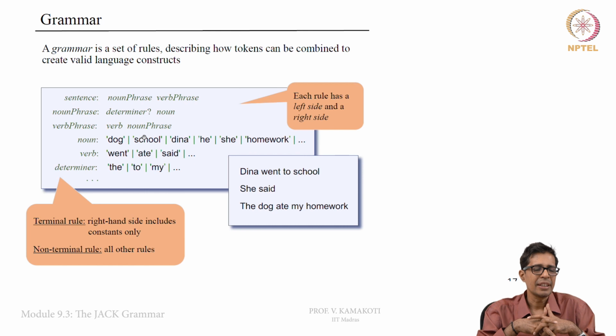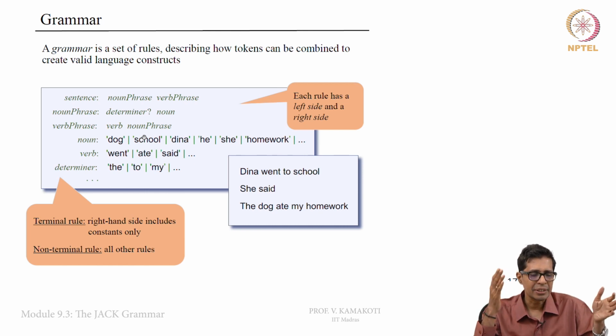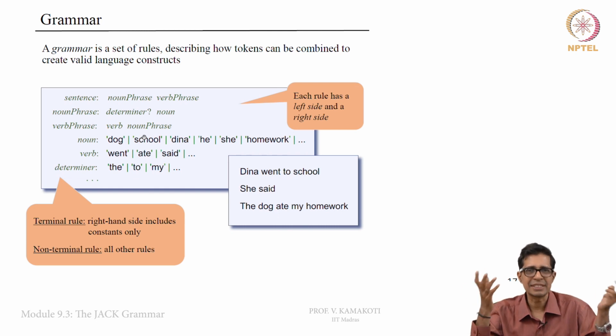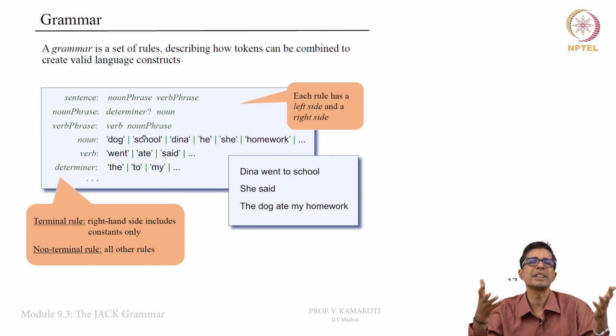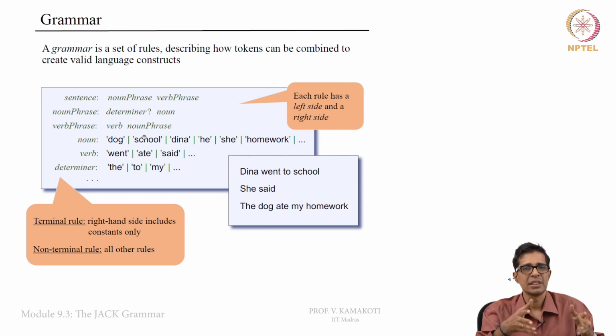The right hand side can also have terminals or non-terminals that are optional. For example, the noun phrase has a determiner which is optional. So I can say "the school" or just say "school". The determiner may or may not exist for a noun phrase.